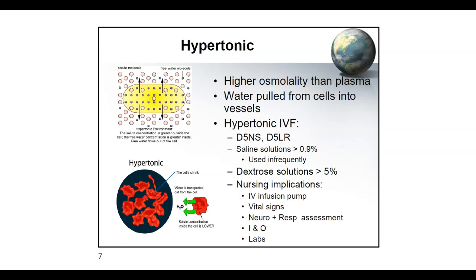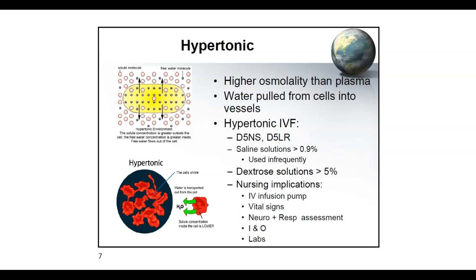If you give an outside solution that's more concentrated, or hypertonic, in order to equalize the concentration of the extracellular and intracellular space, which is just what the body does, it's going to pull fluid outside. So if you give something that's very concentrated, it pulls fluid from the cell to the outside environment. That's usually how hypertonic solutions work.